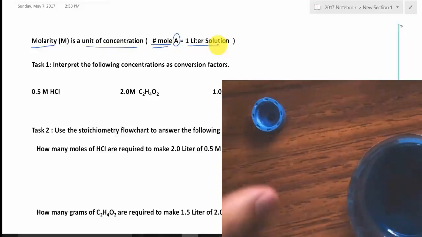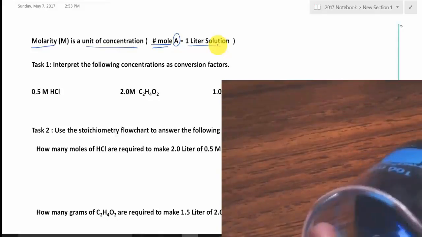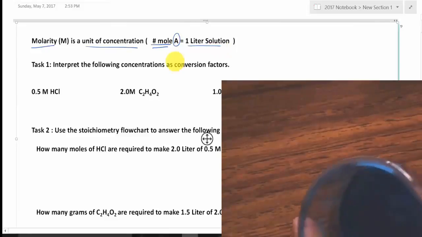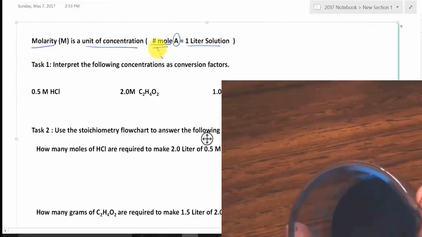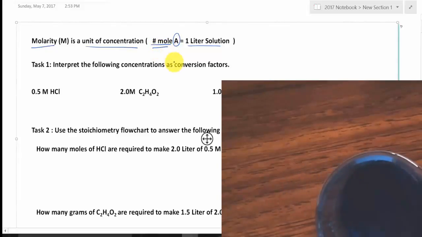Now I have more moles. Look what happened to the color. It got darker and darker. That means it is more concentrated because it has more moles of it in there. Even though the volume stayed the same, you have more of the substance, so it becomes more concentrated. So what does it mean? That means the higher the molarity, the greater the concentration.